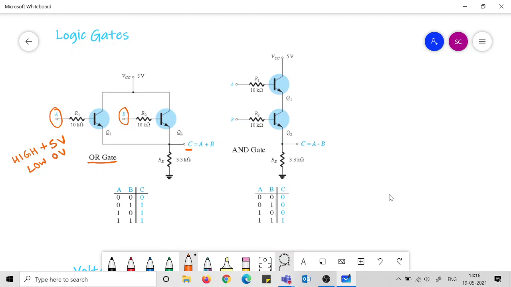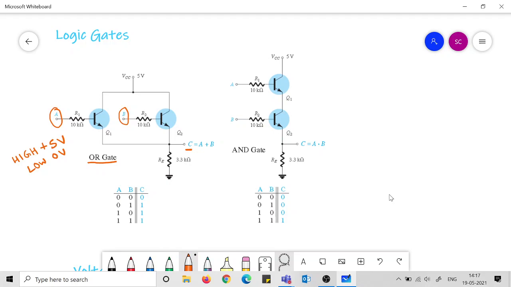So this 5 volt, or a high voltage very near to 5 volt, will come to this point C. So when any of A or B is experiencing a high input voltage, then the output is also becoming high, and only when both experience a low input voltage will there be no current flowing through these transistors, and hence the ground potential will come here.